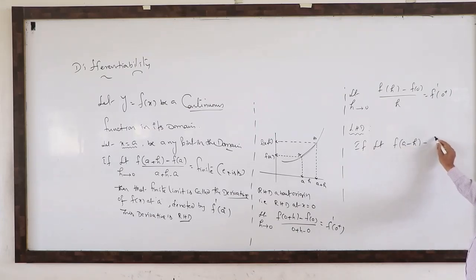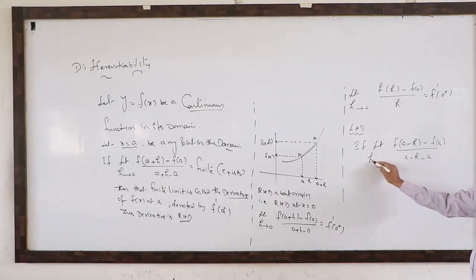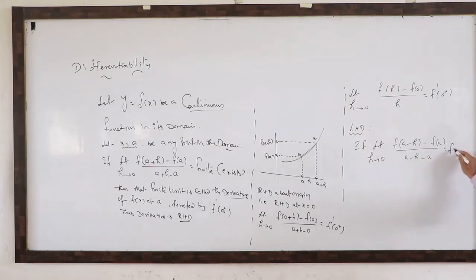Almost negligible. f of A minus h minus f of A by A minus h minus A when h is approaching 0. Then what is this derivative? The symbolic form is f dash of A only, at A only. But what is the direction? Left hand side of A, minus.